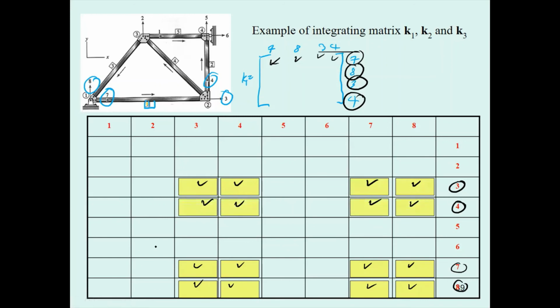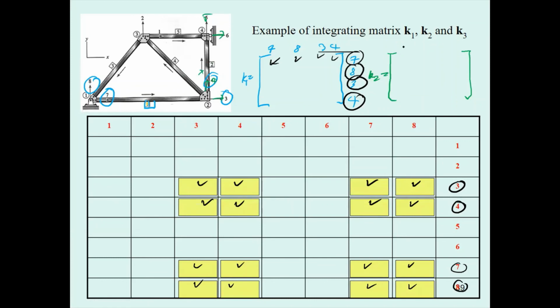And then you come to the K2. K2 is over here. You have member number 2. That is going to be what? 3, 4, and then 6, 5.